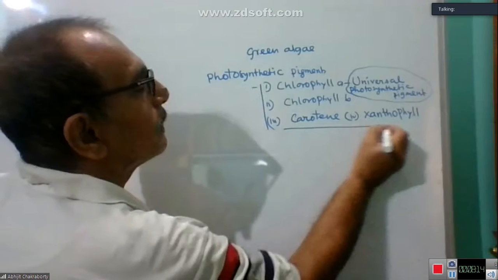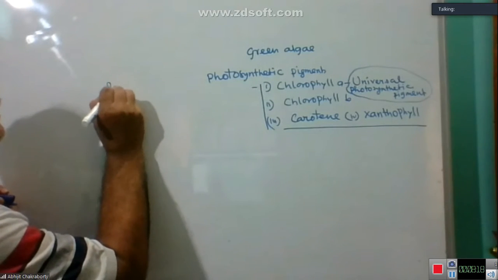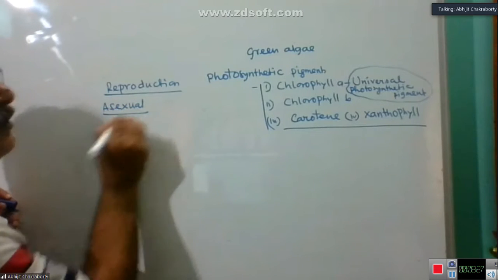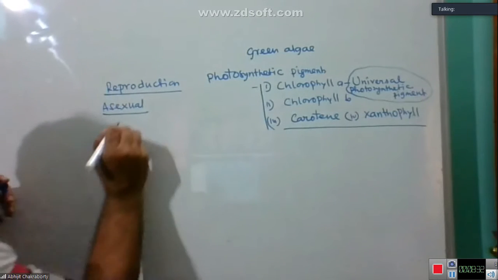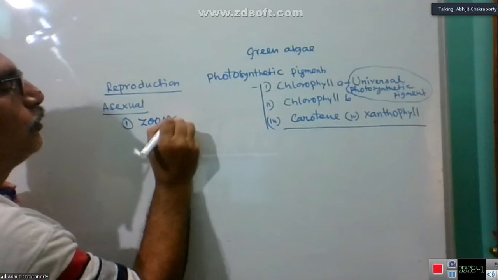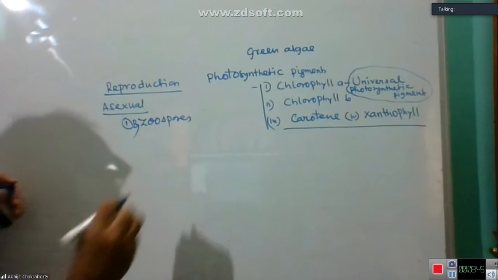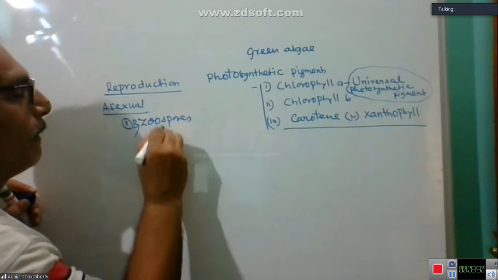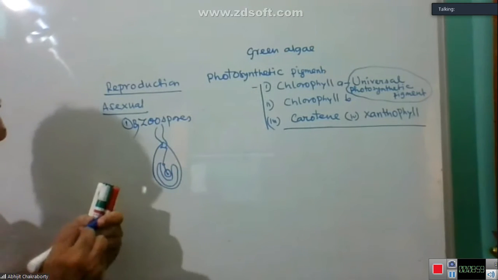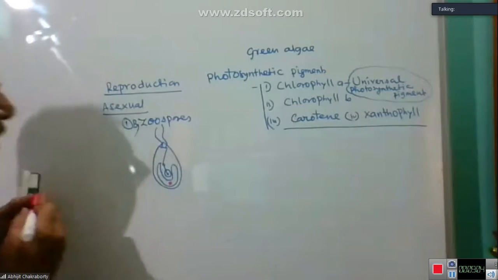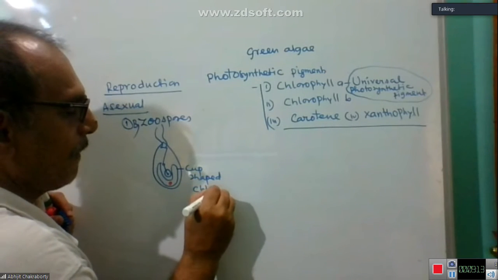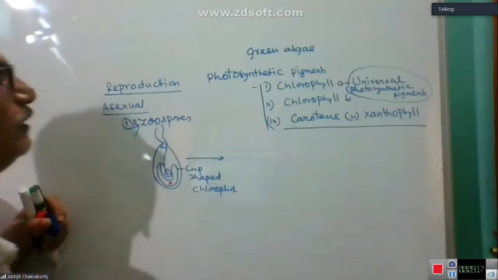After that, reproduction. Asexual forms: one is zoospores, biflagellate zoospores. Take Chlamydomonas.